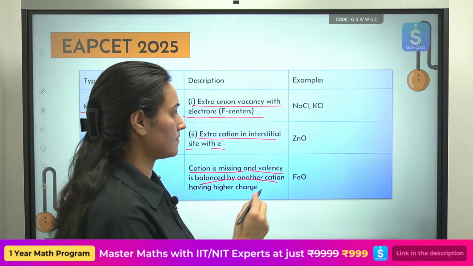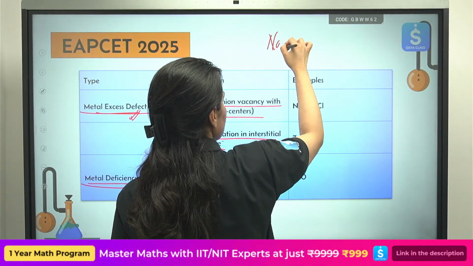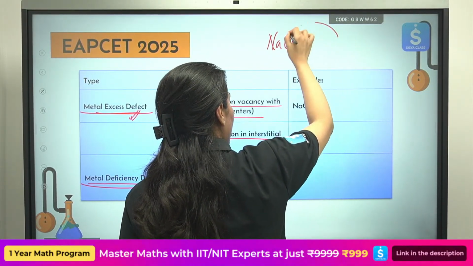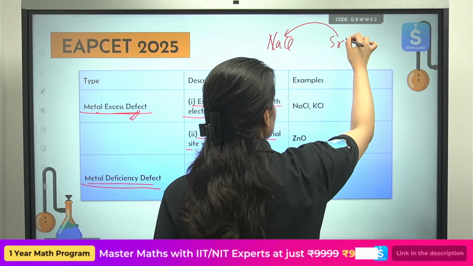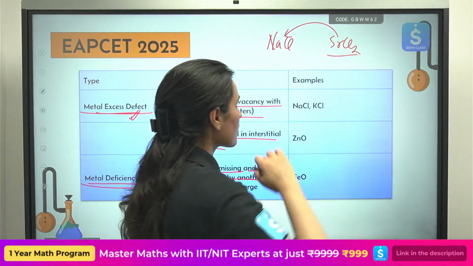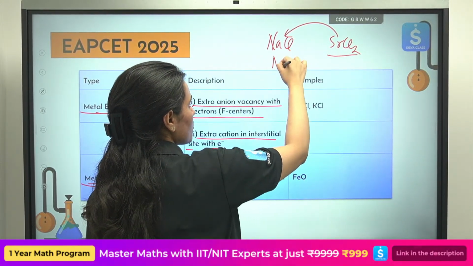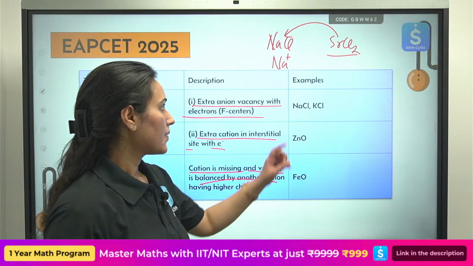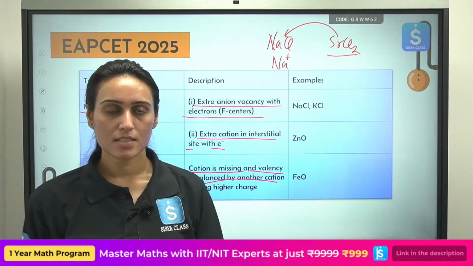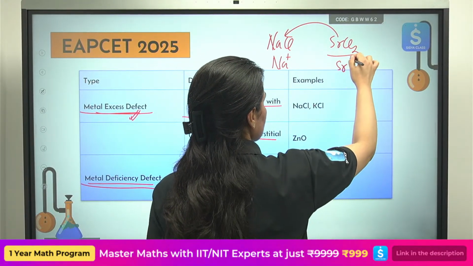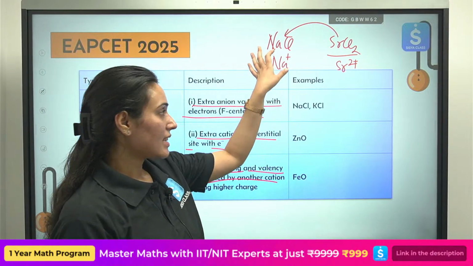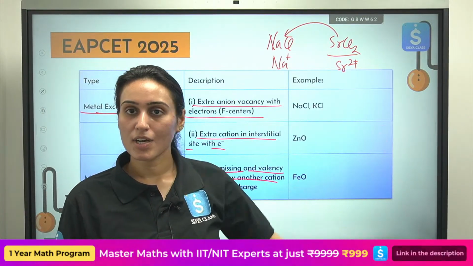One example, you have, let's say, NaCl crystal, and you add some impurity here, strontium chloride. Okay, you understand sodium is present in +1 charge, strontium is present in 2+ charge. So Na+ was present in your lattice.